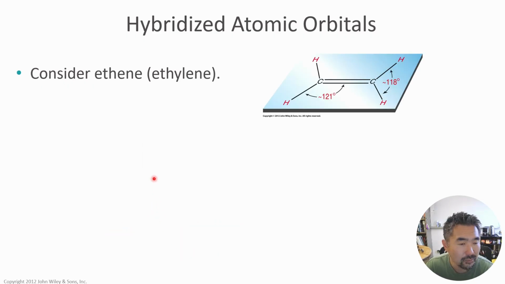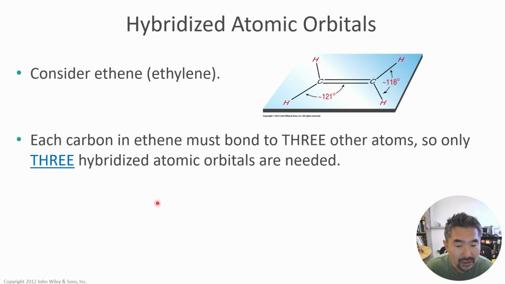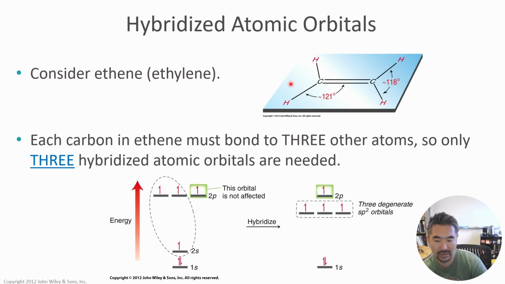Okay. And what about ethylene? Well, the carbon has to bond with 3 atoms. That means you need 3 hybridized orbitals instead of 4 like methane. And so you would hybridize the 3 lowest energy orbitals, and you leave one of the p's untouched.